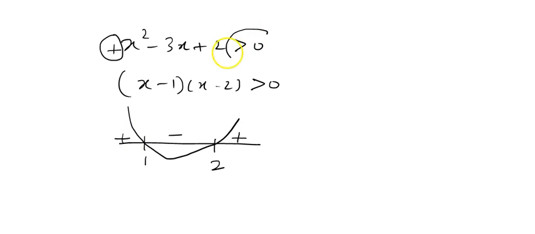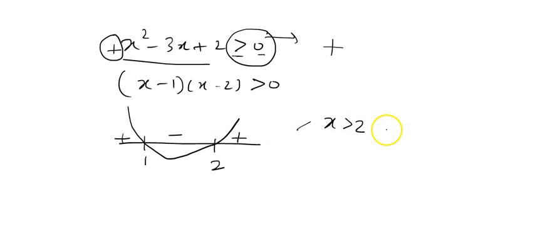Now if you say this expression is greater than 0, it means it should be positive. So you just see in which region it is positive, when x is greater than 2 and when x is less than 1. Now just see, there is no equal to sign here, so I'll just put a small bracket.